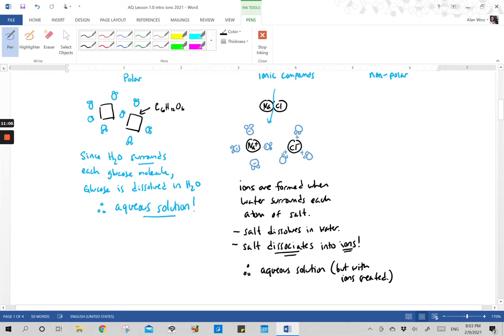So if these two are basically aqueous solutions, which dissolve, the one with the salt also dissociates. Okay, and that's the fine difference between dissolving and dissociating. Dissolving simply means being surrounded by water, whereas dissociation includes the creation of ions.